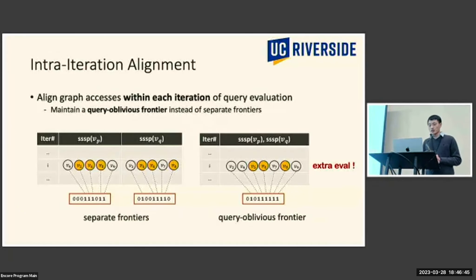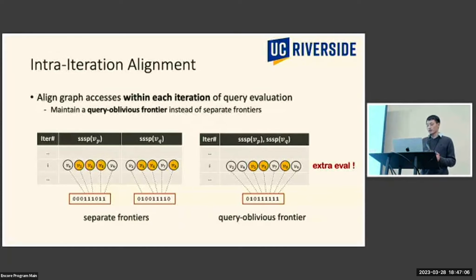Let me start with the intra-iteration alignment. So an intuitive design to evaluate the concurrent queries together is to maintain a separate frontier for each query. However, this does not guarantee the same vertex will be accessed at the same time for all the queries.